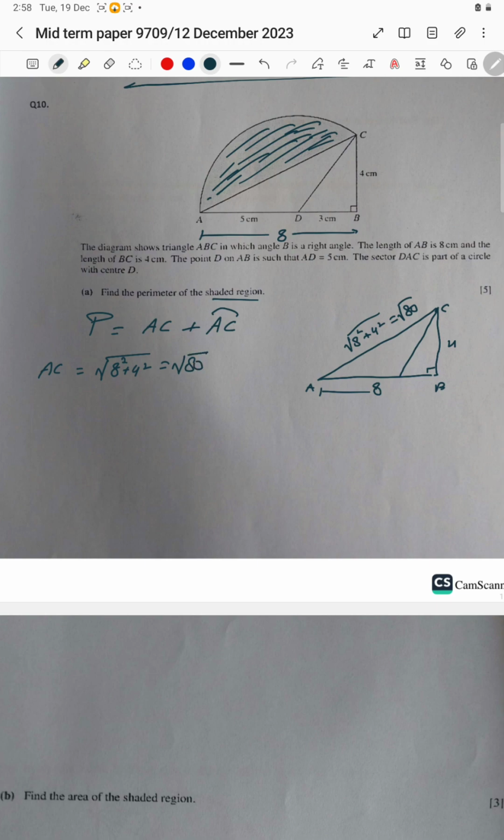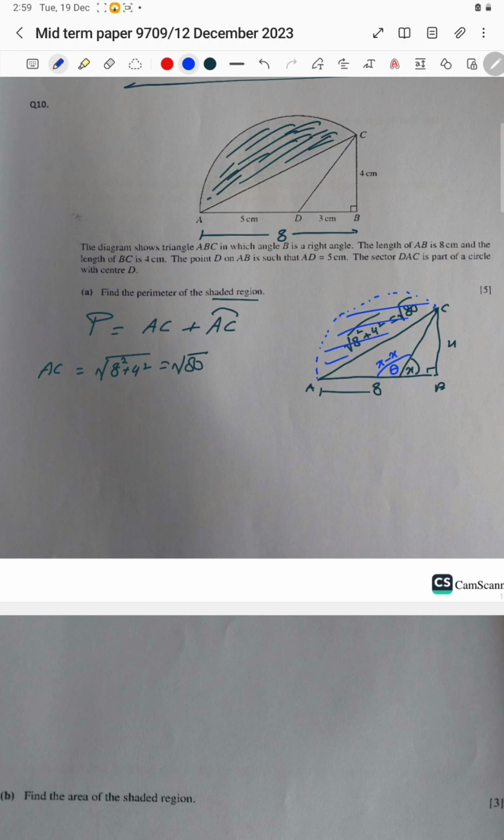Now arc AB. For arc length, we know we need some angle. Suppose this angle is x, and this will be pi minus x, and suppose that is equal to theta. That will help us to find this arc length, the shaded one.